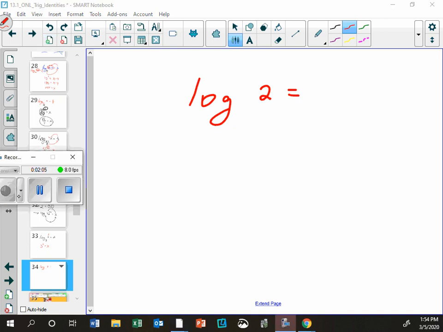Okay, so if we put the x there and we put the 2 there, there we go. Solve. Your go-to strategy: rewrite.